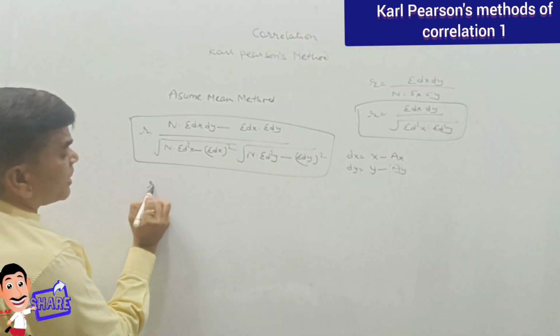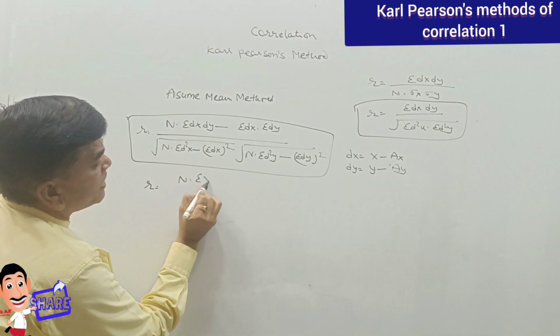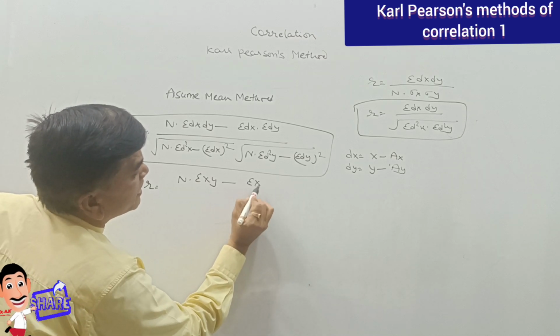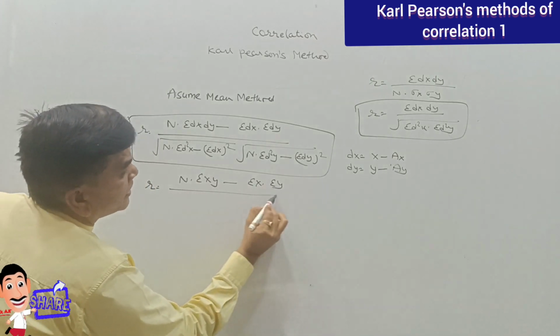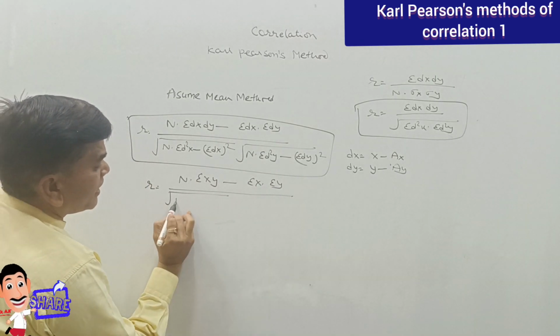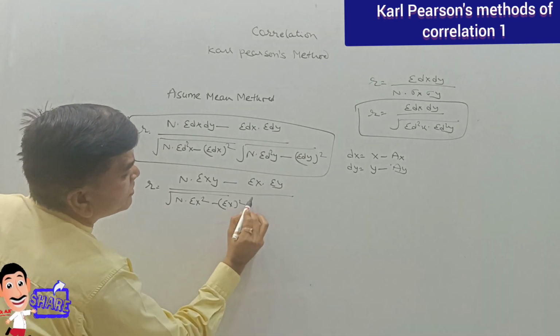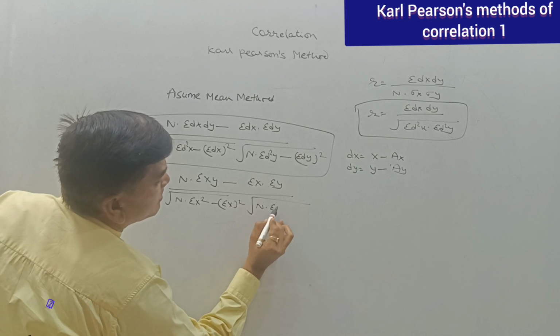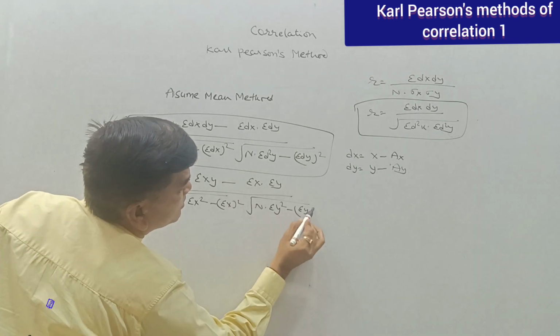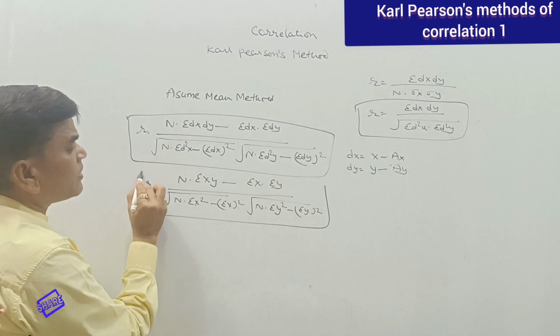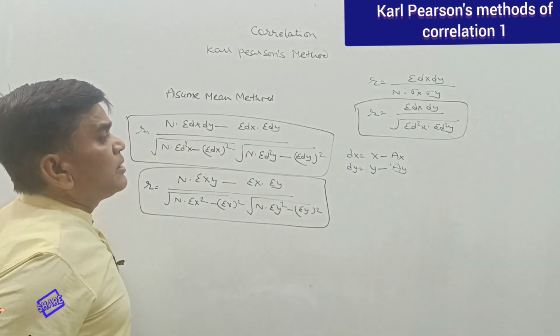One more method is n multiplied by sigma xy minus sigma x sigma y, divided by the root of n multiplied by sigma x square minus sigma x raised to power 2, and n multiplied by sigma y square minus sigma y raised to power 2. It is also an important formula.